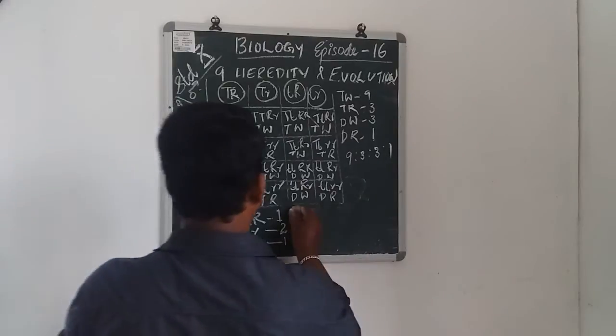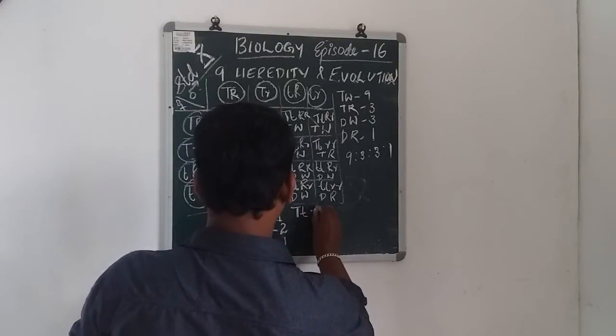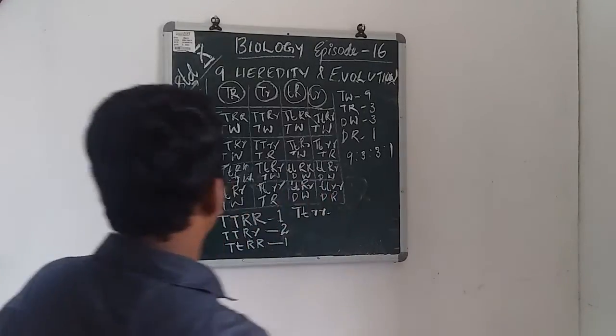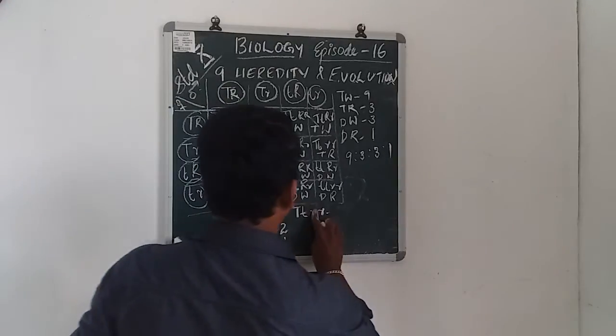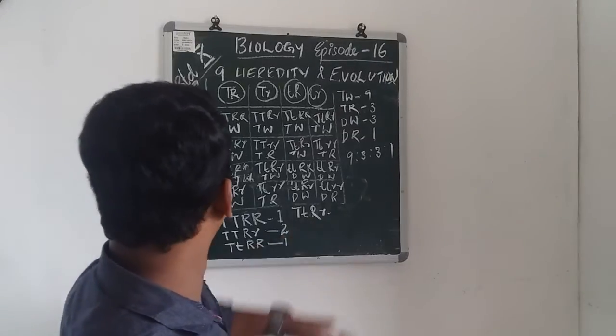Next is capital T, small t, small r, small r. Look at that. Capital T, small t, capital R, small r.